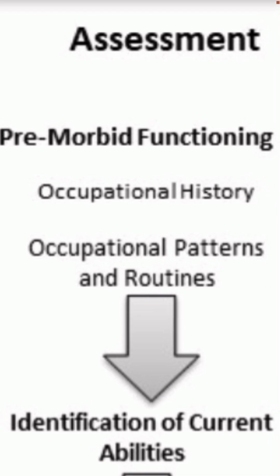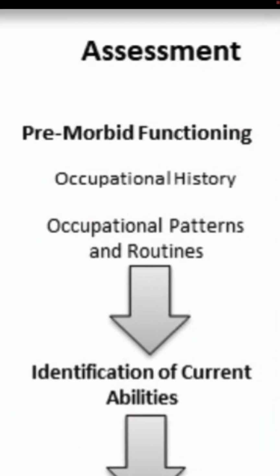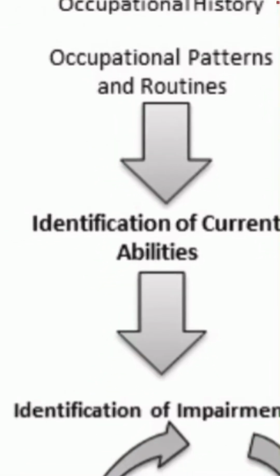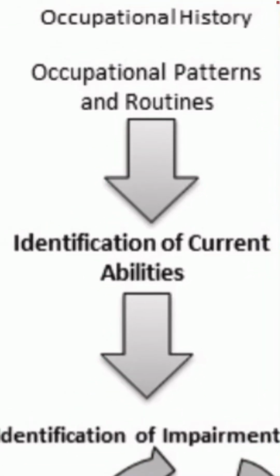After knowing who the person is and establishing the pre-morbid functioning of the patient, what you need to do next is identify their current abilities. What are they doing? The things that they're doing, you'll find out and compare to the level where they were. That's why it is always important to find out what their baseline history and abilities were.